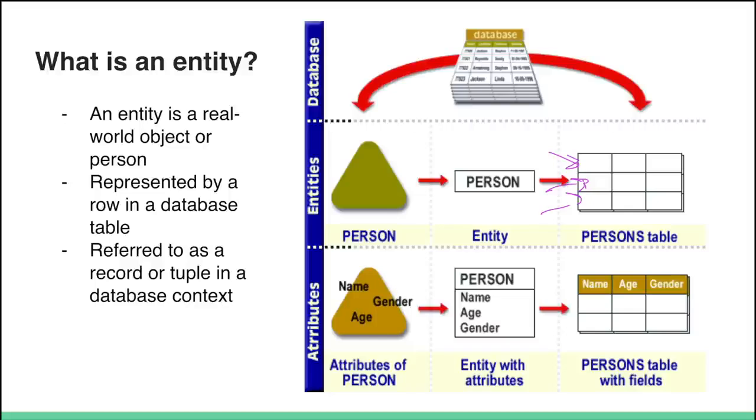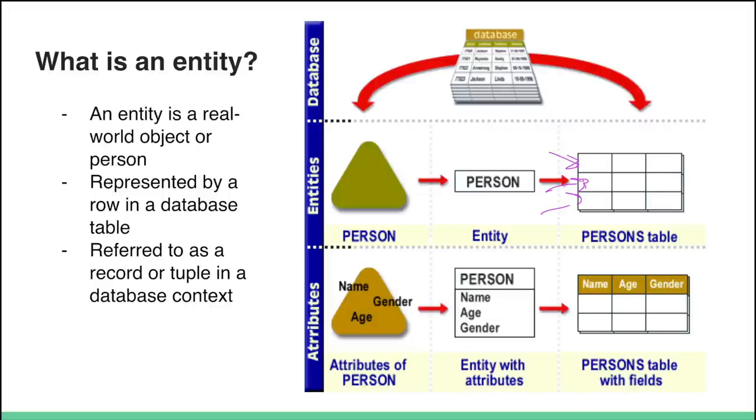Now, this may seem like a trivial or useless concept, but when we're talking about tables on a broad level later on, especially when we're working with concepts like normalization, it does come in handy to know what an entity is. The entity is a person. We have multiple people in our person's table. So we're representing the entity of a person, and you can say each row in a database is a person entity.